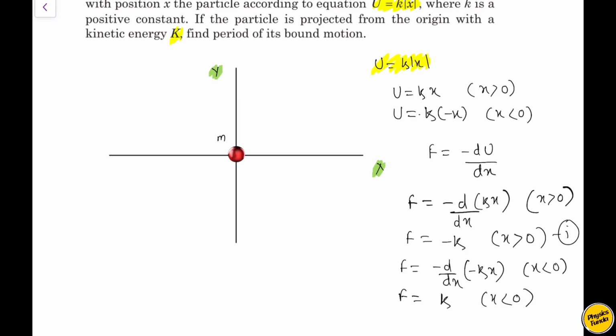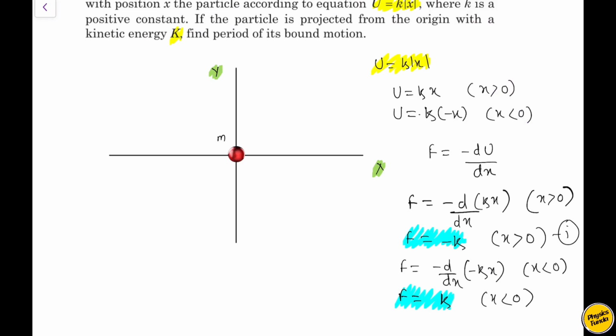So with this I have two force equations. F is equal to minus k if x is greater than 0, and F is equal to k if x is less than 0, right?